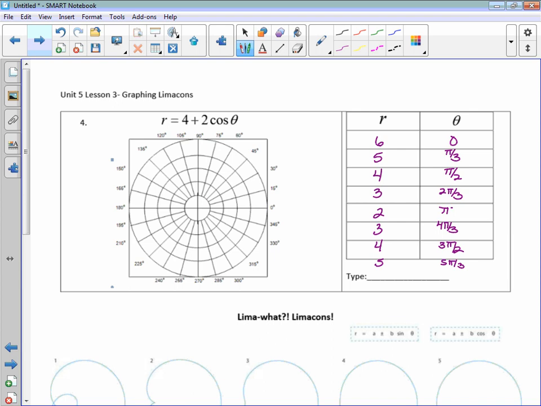So your first one is 6, which is a little bigger than your graph. So just put it out there.